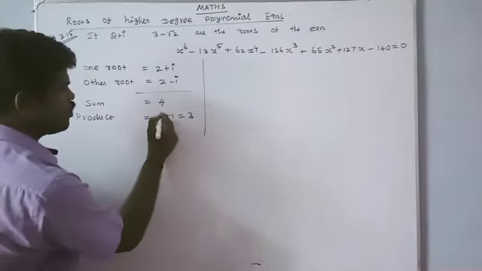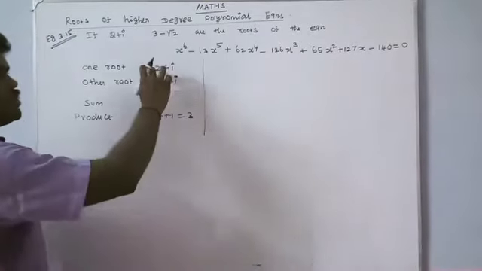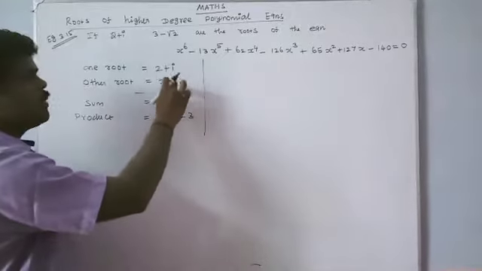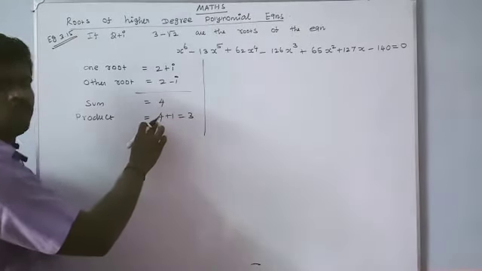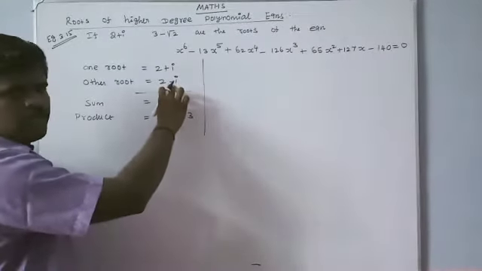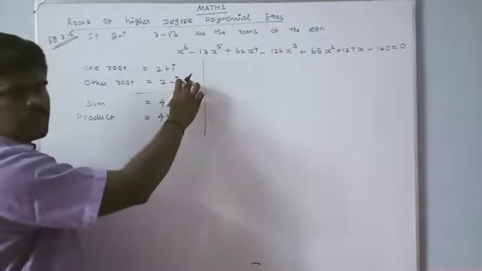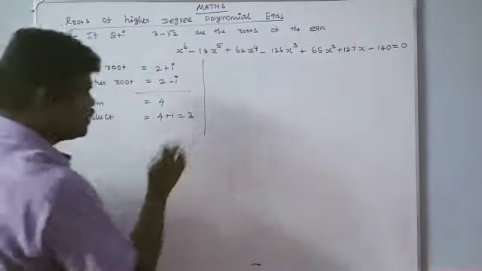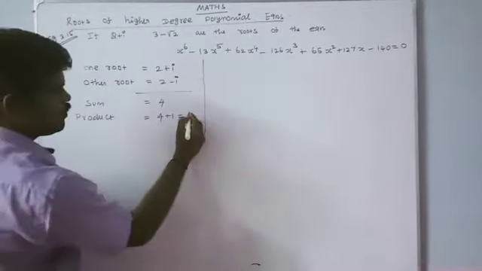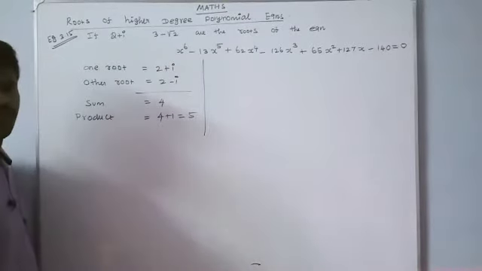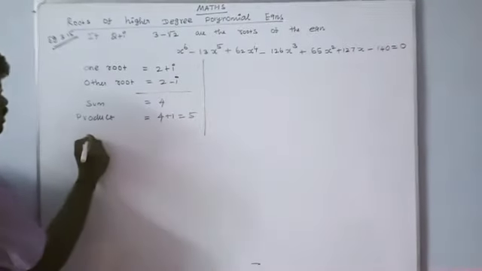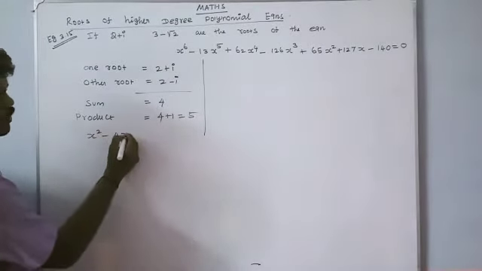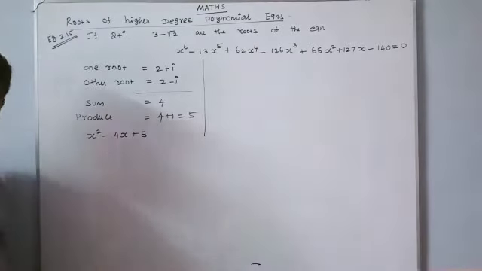Directly we can write (a plus b) into (a minus b) is a squared minus b squared. a squared means 4, and minus i squared means minus of minus 1, so plus 1, equal to 5. Therefore we form the quadratic equation x squared minus 4x plus 5.